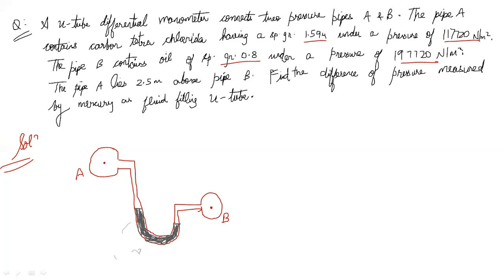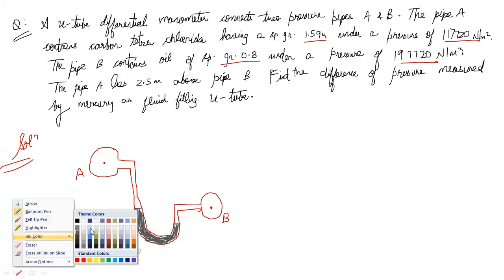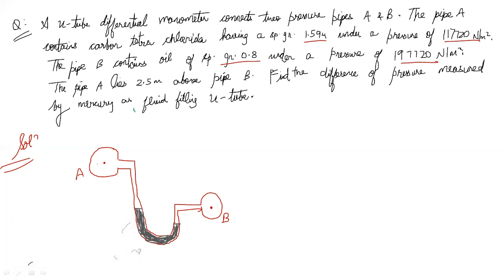In pipe B, I have a different fluid. Let me mark this with different colors. In pipe A, I have a fluid of specific gravity 1.594. And in pipe B, I have another fluid of specific gravity 0.8, which is lighter than water, and this is heavier than water. Both the pressures are given to me, and now I have to determine the pressure difference between point A and B.